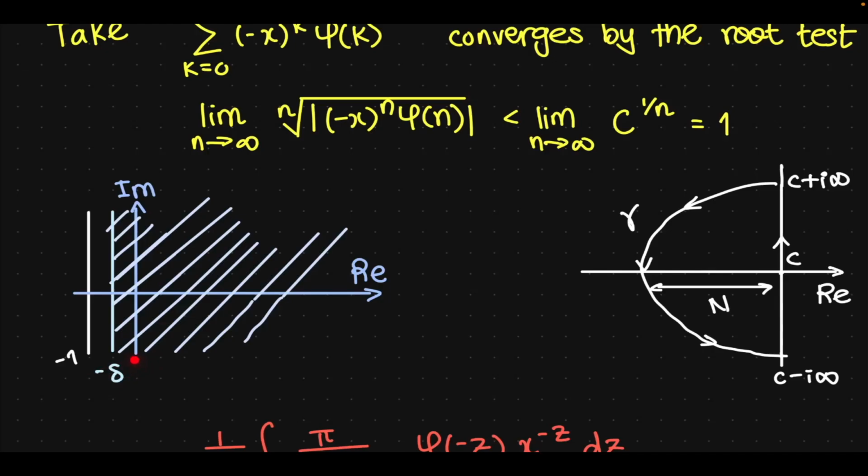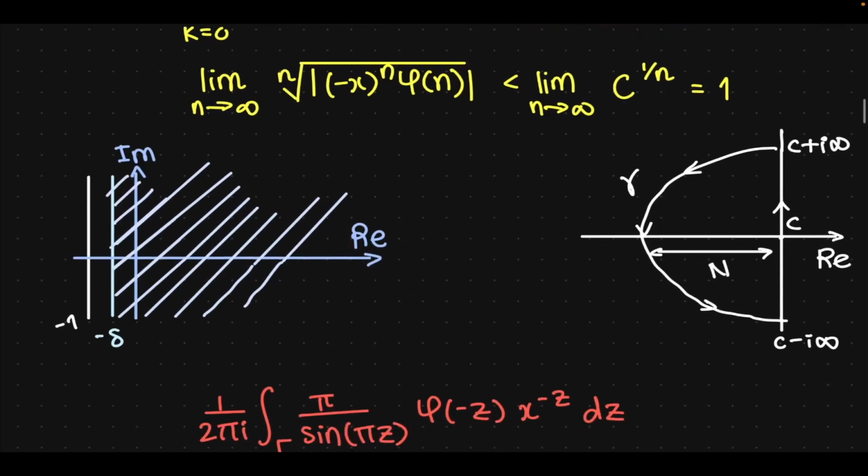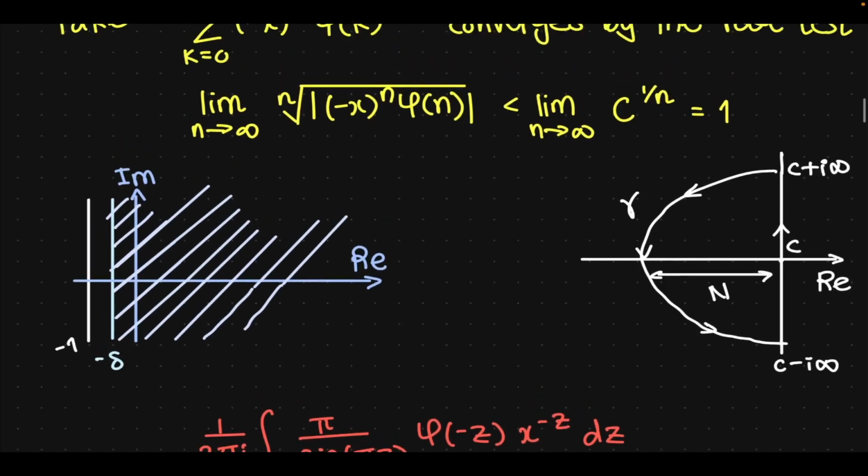So it's all the values of z with real part greater than minus delta. The region I've shaded here in these slanting lines is the region of analyticity or definition for our phi function. This is just a nice illustration for you. We're not really going to use much of this. This is just a visual cue.